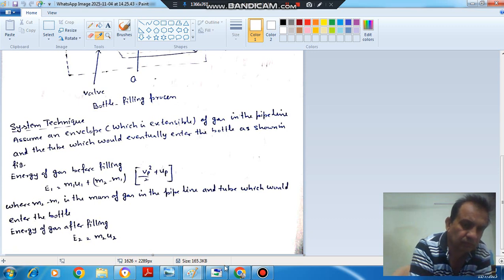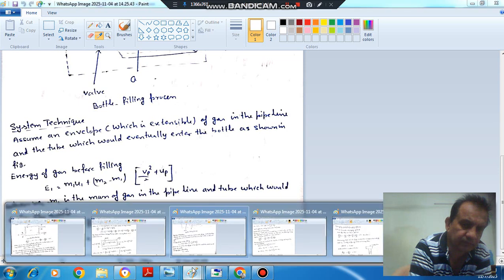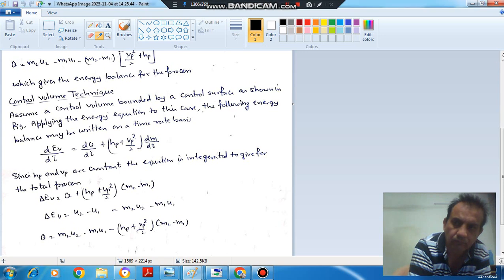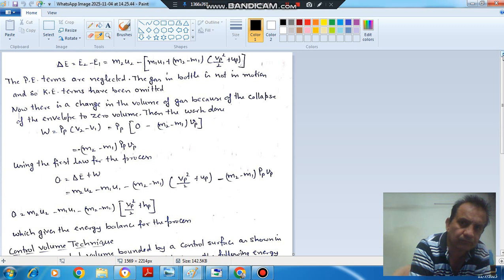So the change in energy is the difference E2 minus E1. That is M2 u2 minus M1 u1 plus (M2 minus M1) times (Vp square by 2 plus up) within brackets.